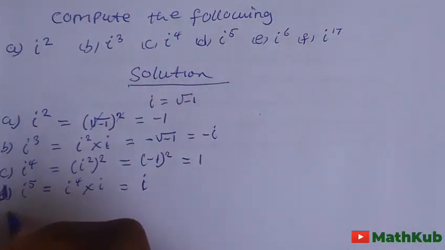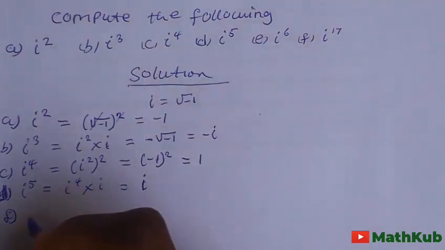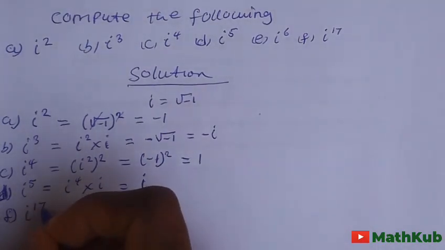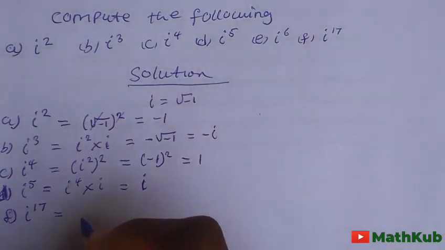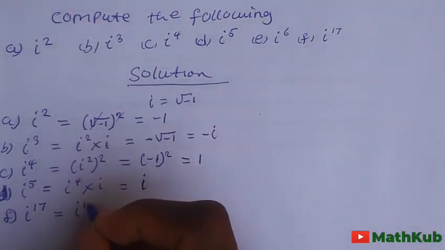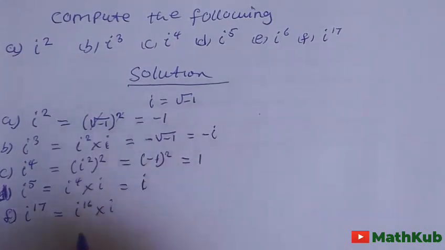I will do F, for i raised to the power of 17. We know that multiples of 4, we have 16 as one of the multiples of 4, which we can say i raised to the power of 16 times i is the same thing as i raised to the power of 17.